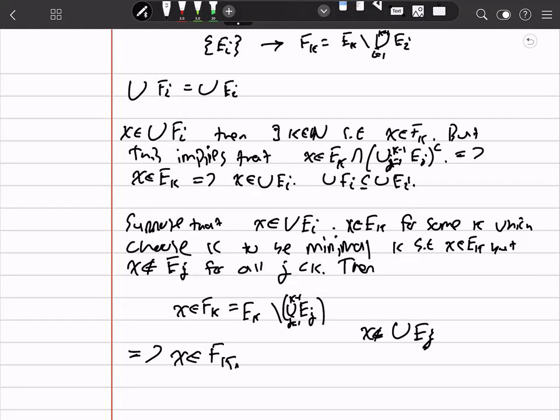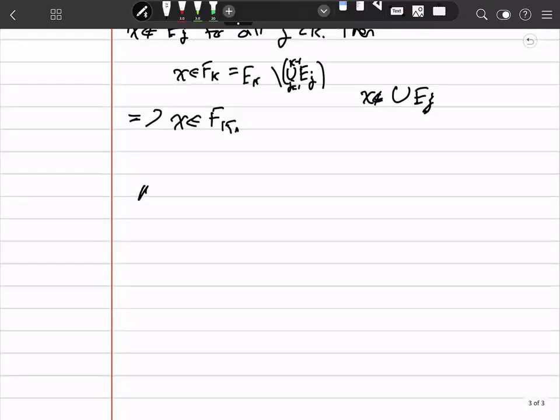So we have a disjoint sequence. What we can do is take mu of the union of e sub j.